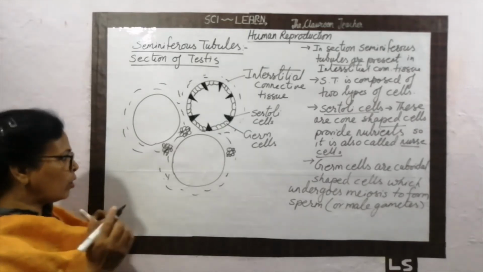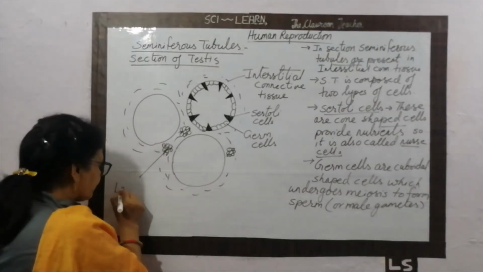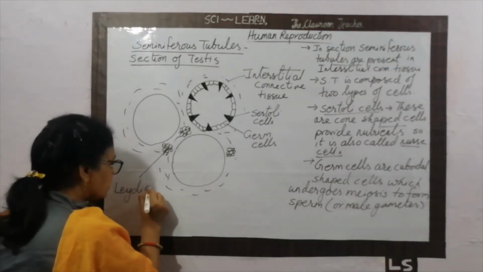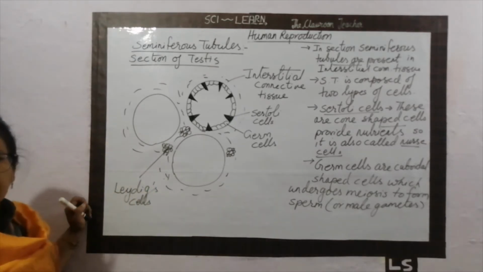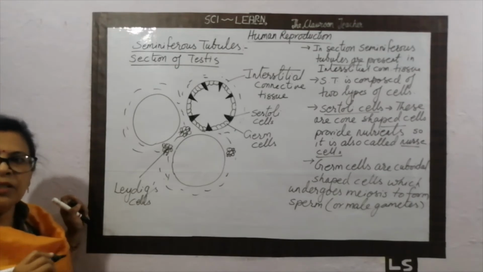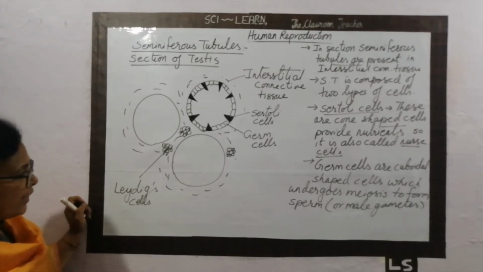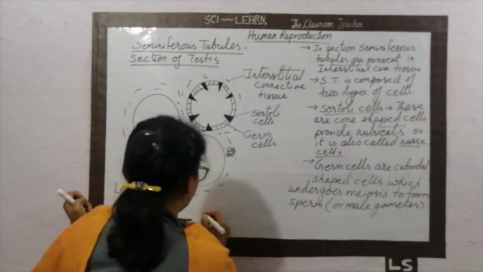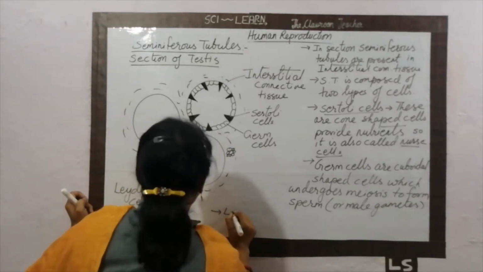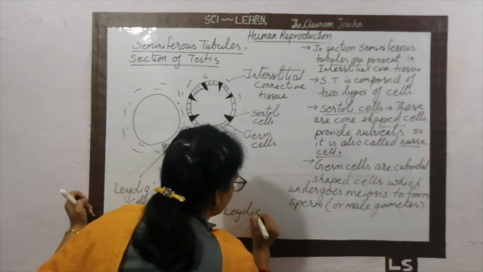These cells are called Leydig cells, and they are very important because Leydig cells produce the male hormone.